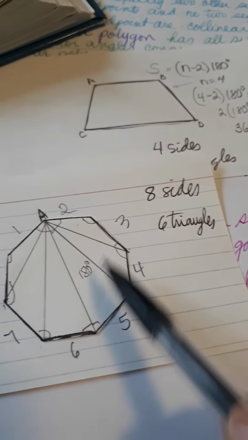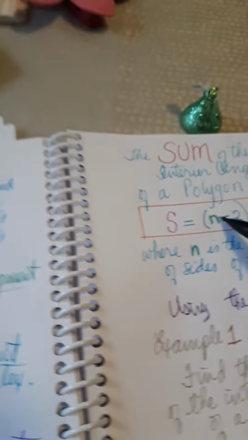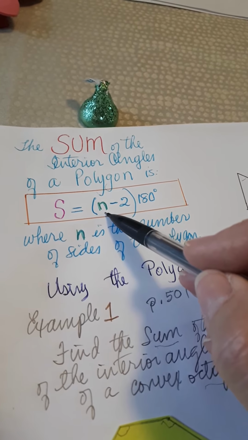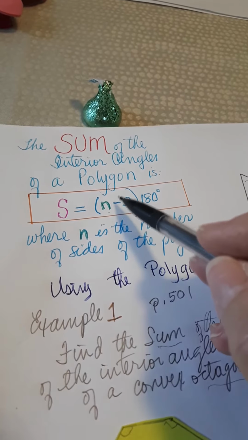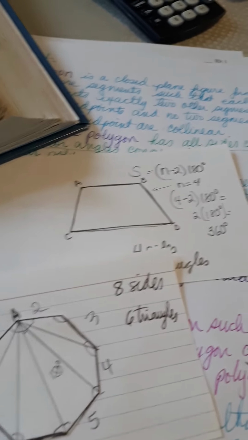Well, the figure has 8 sides and 6 triangles. That's why we have this formula. 8 sides minus 2 gives me the 6 triangles in this figure. 6 times 180 will produce the sum of all the angles in the figure.